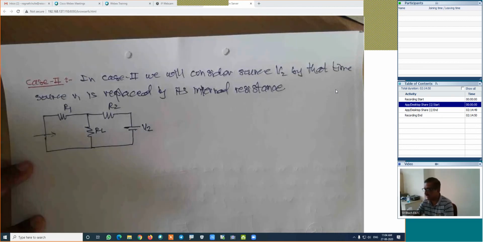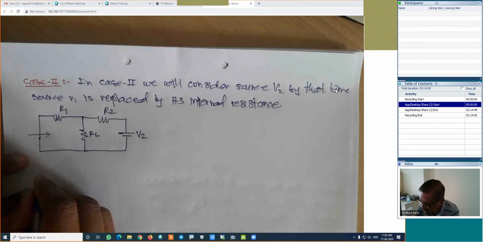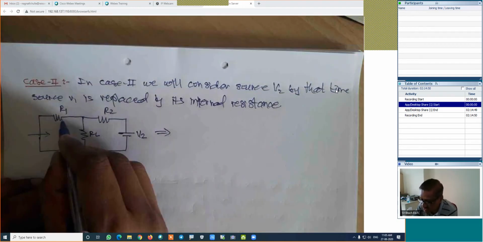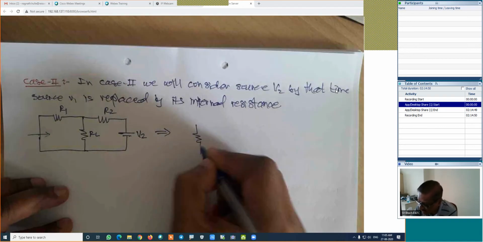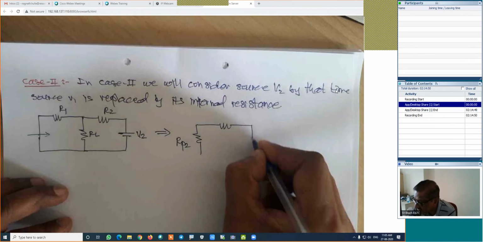First, I will draw its next figure. It will be something like this. These two resistances are in parallel combination. I will call it RP2 for the second case, and the remaining part of the figure is the same.